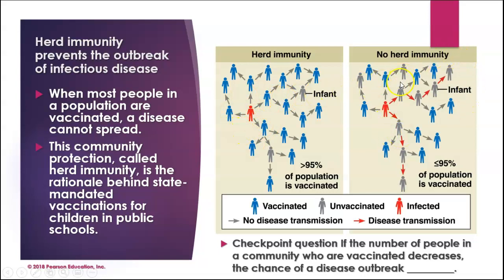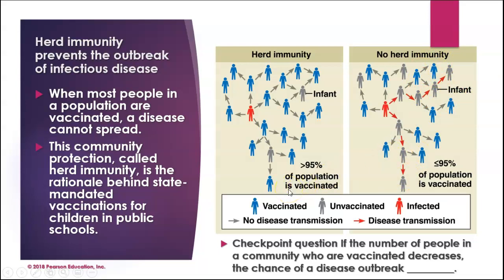Whereas if you don't have herd immunity, you have some people who are immune because they've been vaccinated or have had the disease, but there are a lot more people who haven't been vaccinated, and that way you can have a greater spread of the disease, and you're more likely to harm those who can't be vaccinated, the babies and the people with compromised immune systems.